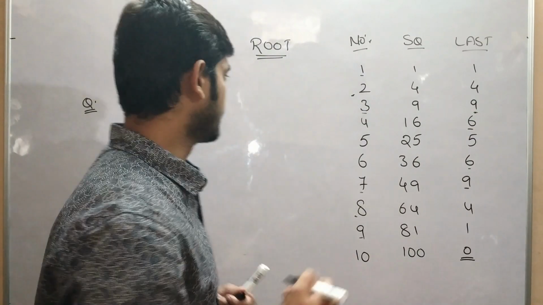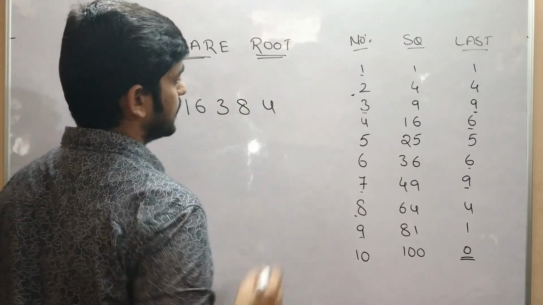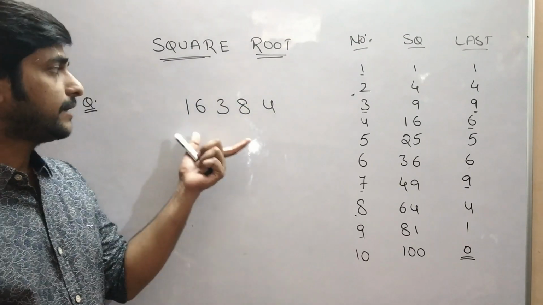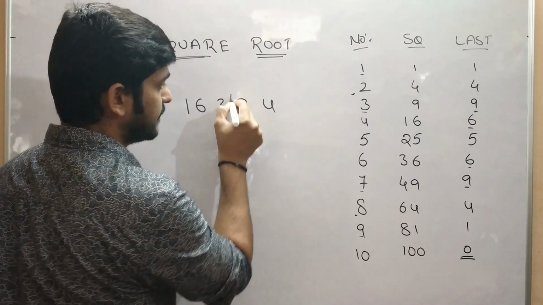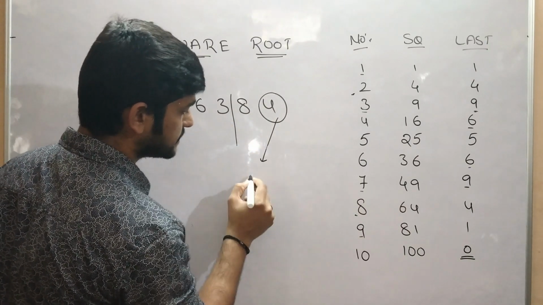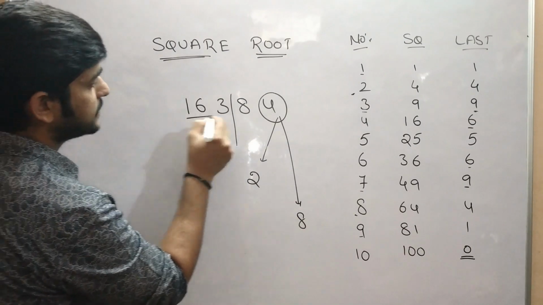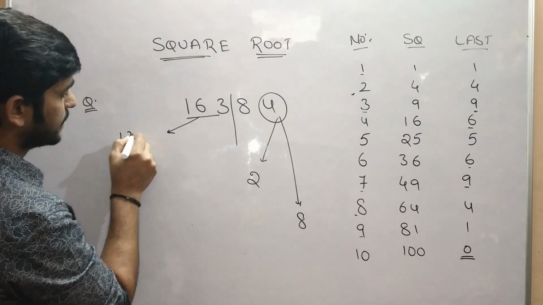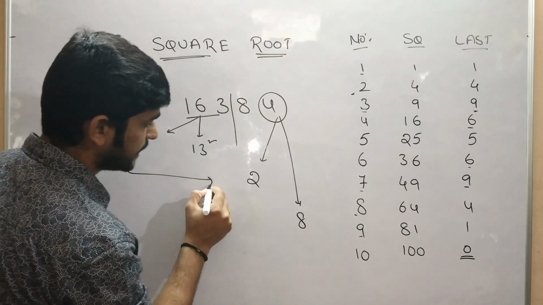Now I am considering 16,384. Don't be afraid. Whatever the length, we need to do the same process. Divide the number into two parts. Here this ends with 4, which means the answer should end with either 2 or 8. Now 163 lies between 12 square and 13 square. We need to consider the least one.